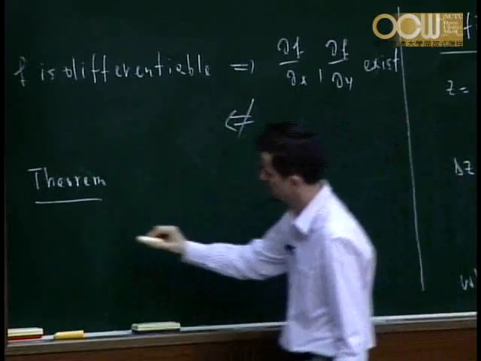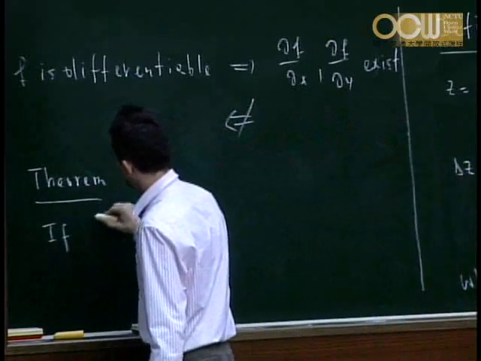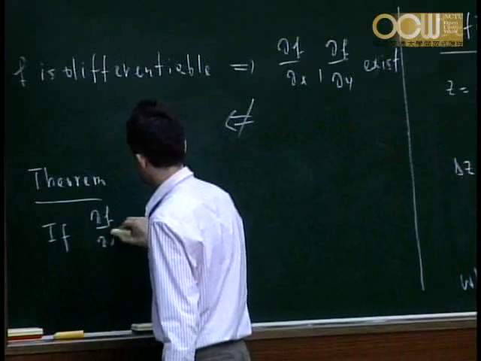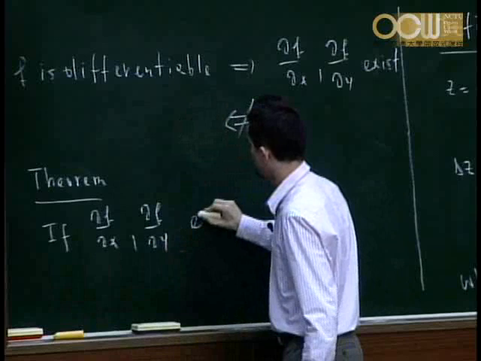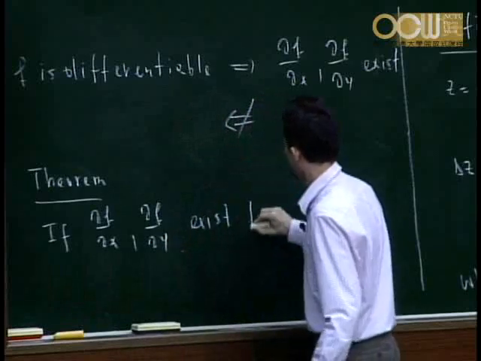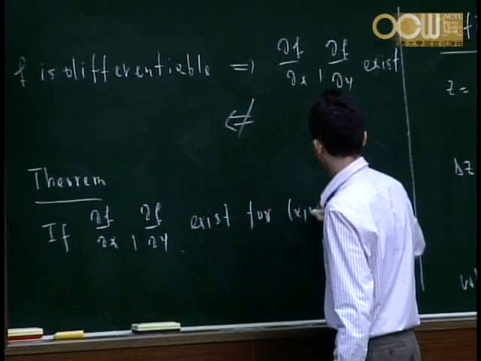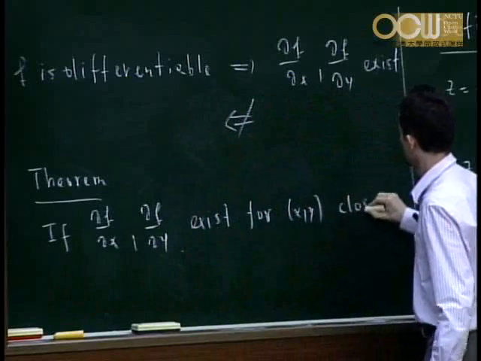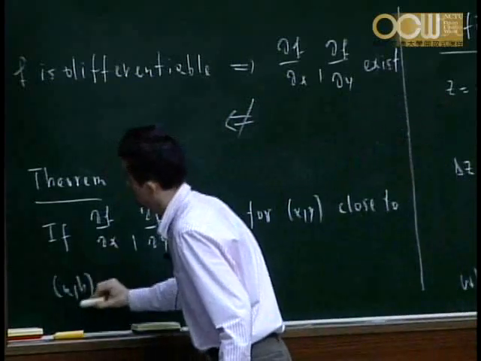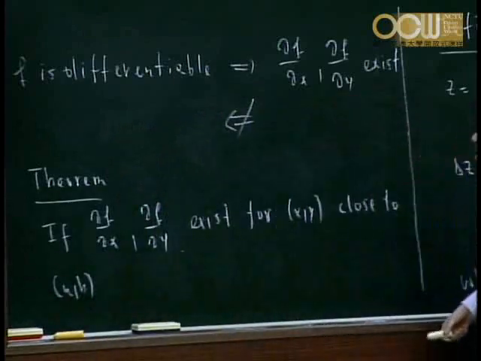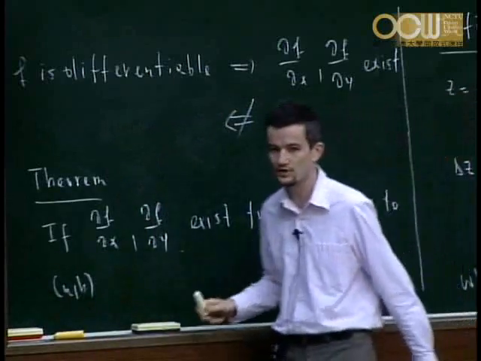If the partial derivatives exist for (x,y) close to (a,b), in mathematics we call this in the neighborhood of (a,b).